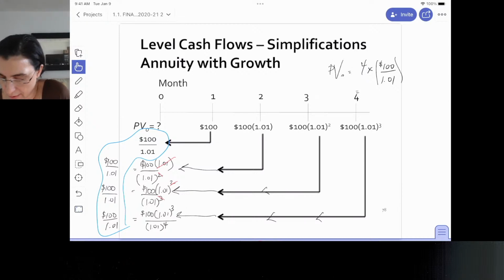Maybe it's just my glasses that make things blurry. So that's $396.04.